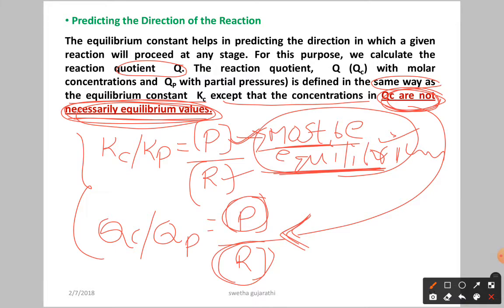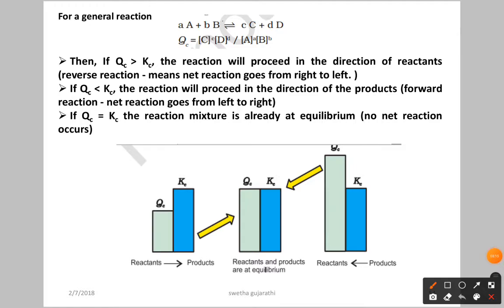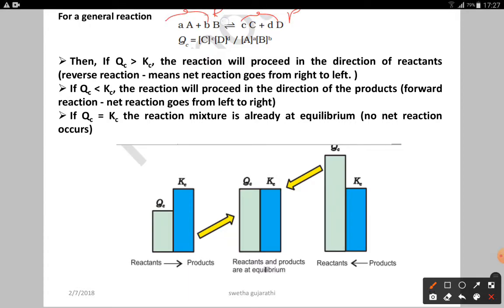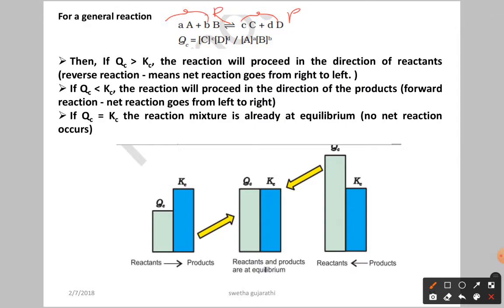Again, take the equation a moles of A plus b moles of B gives c moles of C plus d moles of D. Here C and D are my products and A and B are my reactants. As discussed, take the ratio of the product of molar concentrations of products to that of reactants.